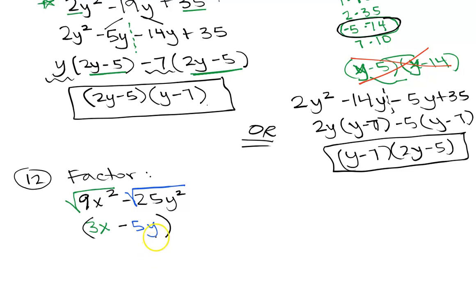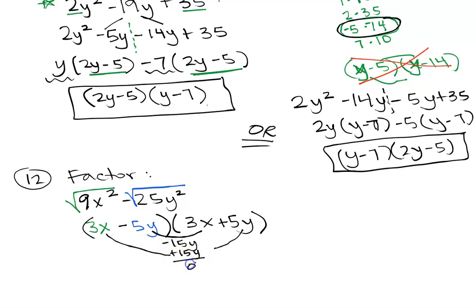And then my other one is going to be the same 3x and 5y, but now it needs to be connected by addition. Because what happens on this is our middle terms end up canceling each other out. Do you see negative 5y times 3x is negative 15xy? And then if I do 3x times 5y, that gives me positive 15xy.